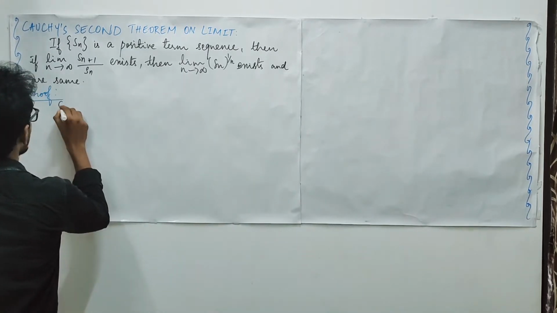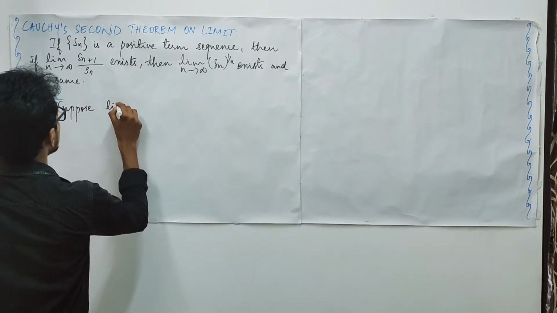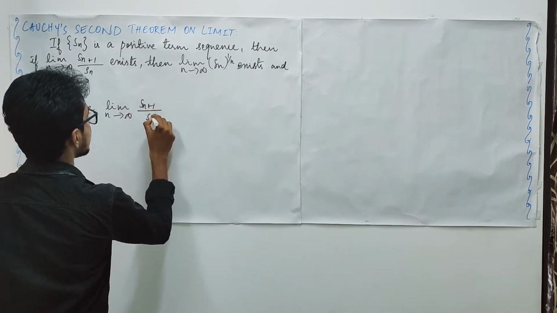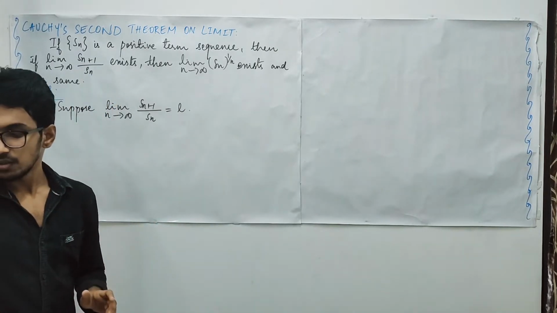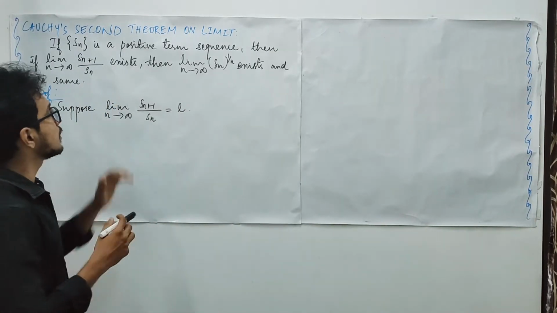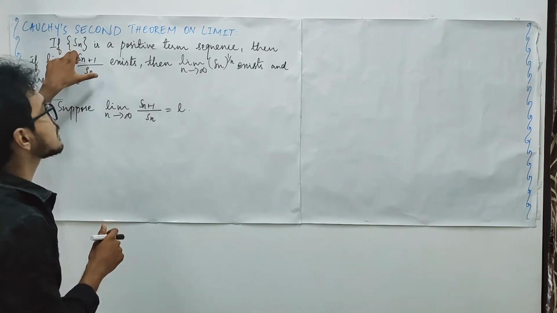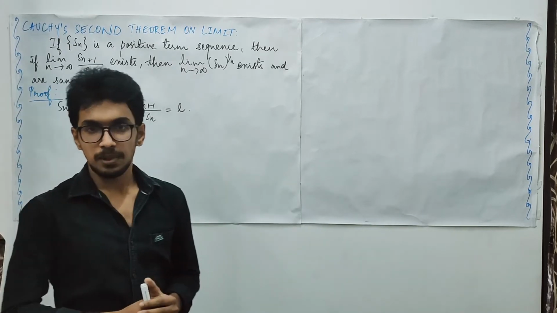So let us start the proof formally by supposing the limit as n approaches infinity of S_{n+1} upon S_n exists and is equal to L. What do we mean by this? If this is a sequence of positive terms, this will also be a positive quantity.